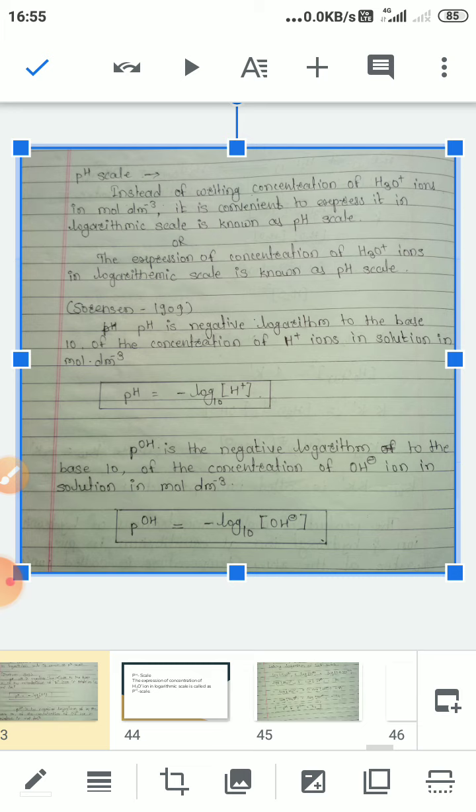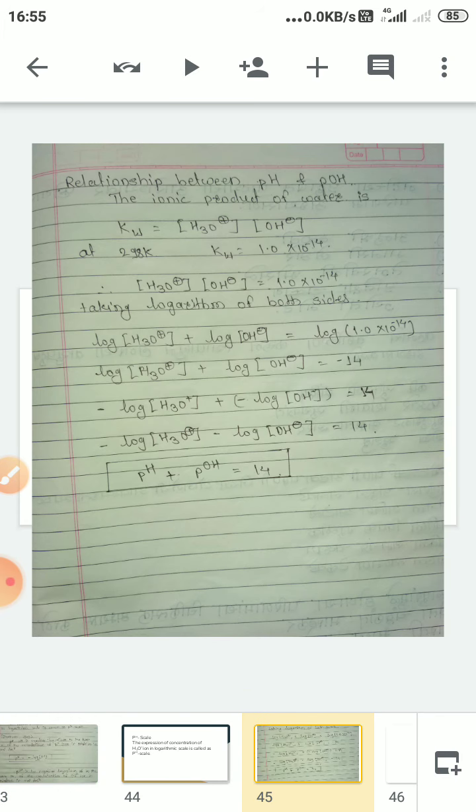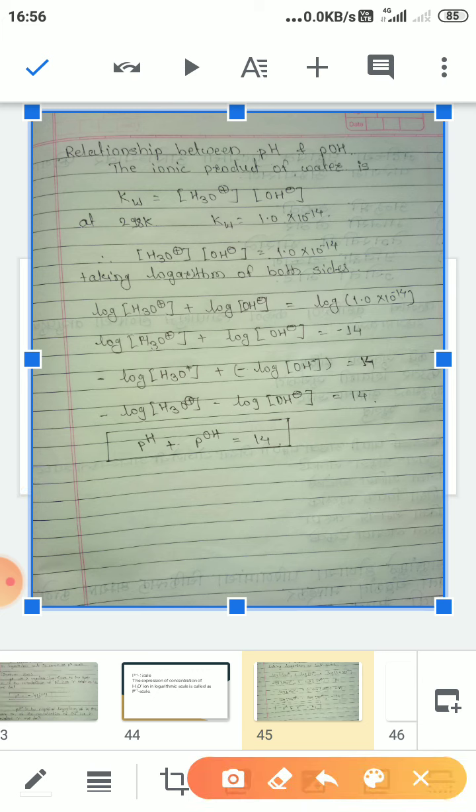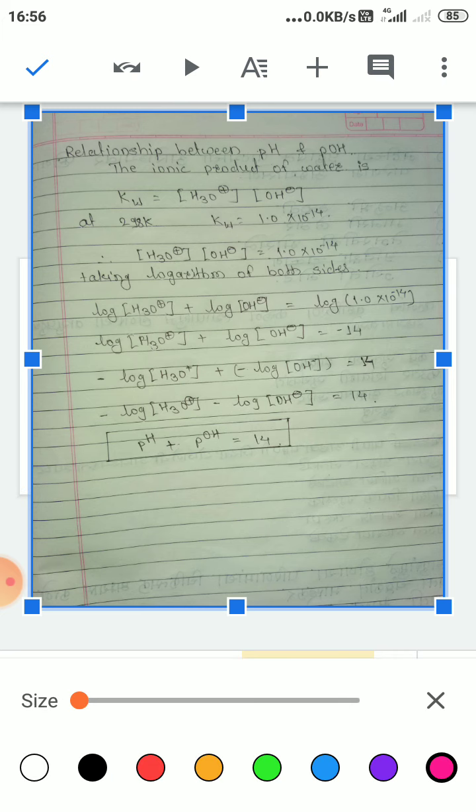Now see the next one, the relation between pH and pOH. Previously we have seen Kw, the ionic product of water, equal to the concentration of H3O+ into the concentration of OH-.